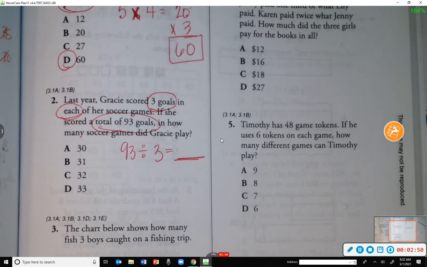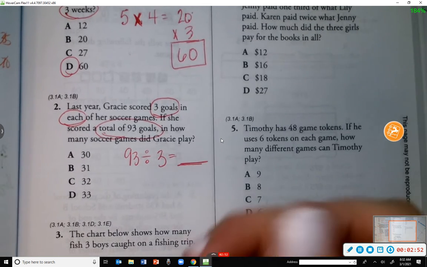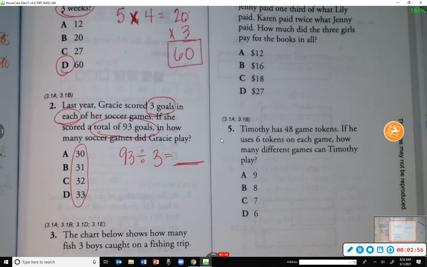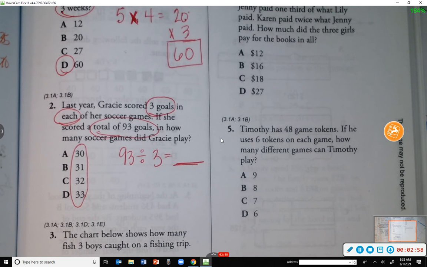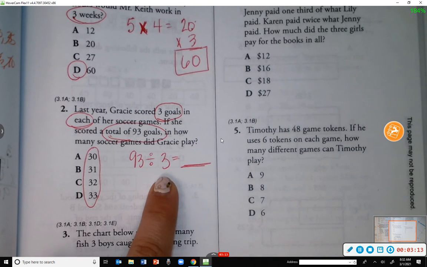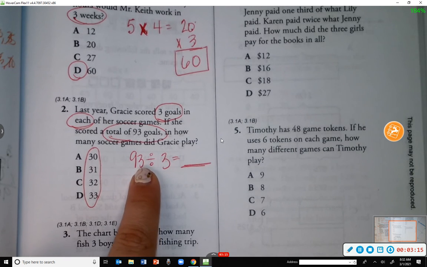I could skip count, but I want to look at my answer choices first. Look how high they are. Okay, so could I start with an answer choice and maybe do the opposite of divide? What's the opposite of divide? Multiply. So I'm going to start with my answer choices and then multiply it by 3 and see if it comes out to equal 93.